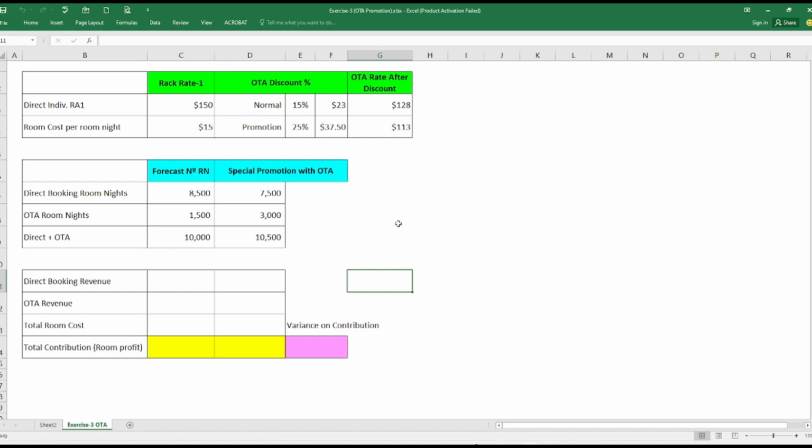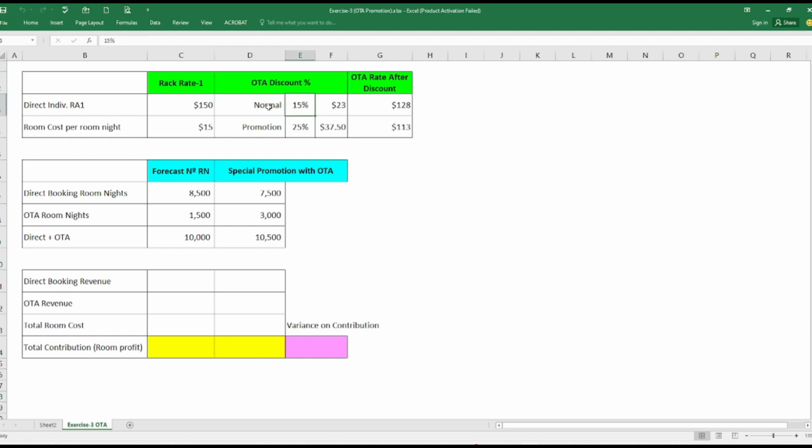If you see this spreadsheet as the scenario, we have the direct individual, rate 1, which is our public rate of 150. Our room cost is 15 US dollars. Then the OTA discount, special promotion.